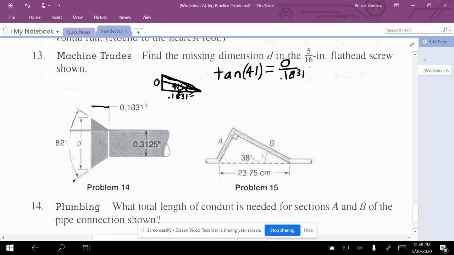So if I cancel out that 0.1831 by multiplying both sides, I get 0.1831 times tangent 41, and that's going to give me my opposite. So let's see what that is in our scientific calculator. 0.1831 tangent 41 degrees gives me 0.15916.